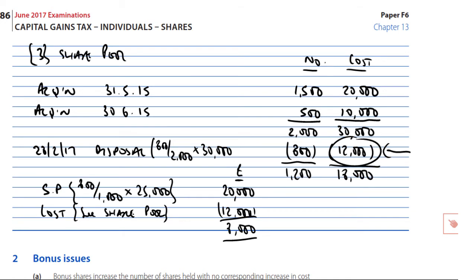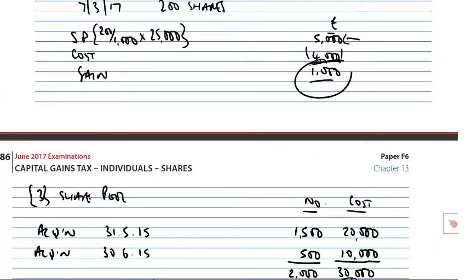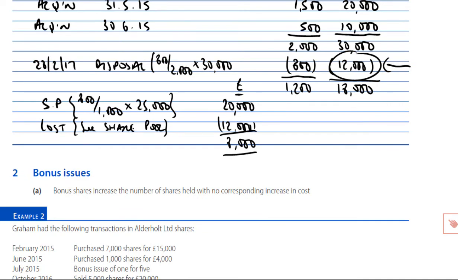Now, of course, the overall gain that we're talking about will be, if we just wind this back, out of the 1,000 shares sold, it was one disposal. We made £1,000 gain on those that we went on to acquire in the following 30 days. And then, of course, we made a gain of £8,000 on those shares that came from that share pool.